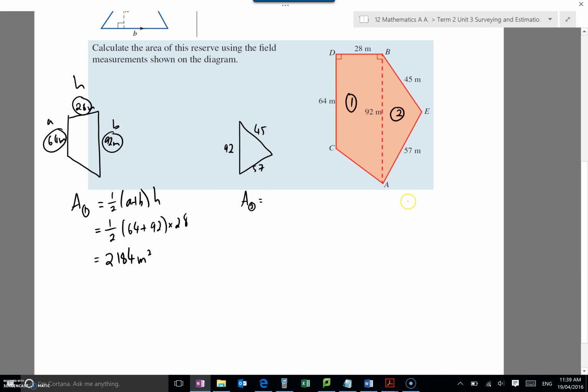To find this area using Heron's formula, remember the square root of S times S minus A, S minus B, S minus C, where S is A plus B plus C, all divided by 2. So I'll do that. It doesn't matter how we label these, I'll just do this for consistency. 92 plus 45 plus 57, all divided by 2 is my S value.